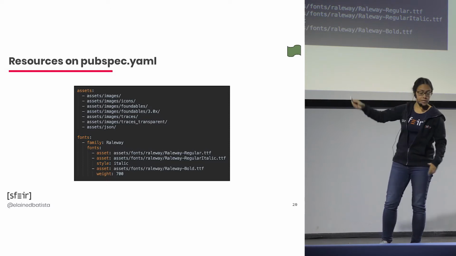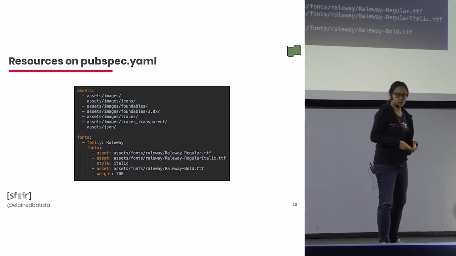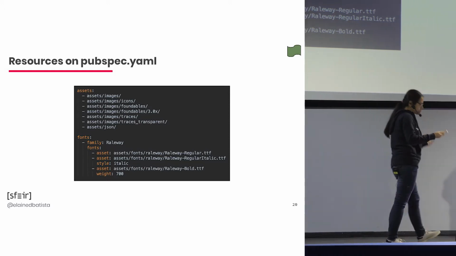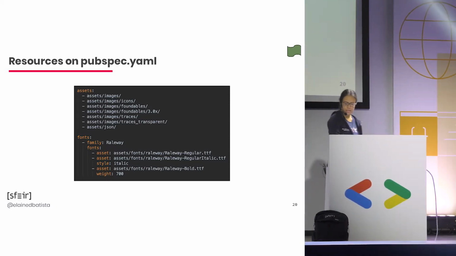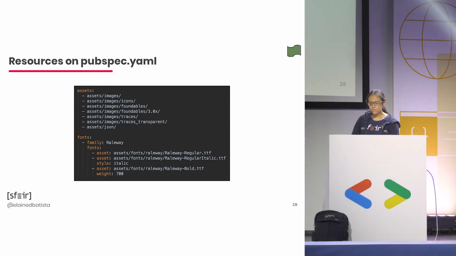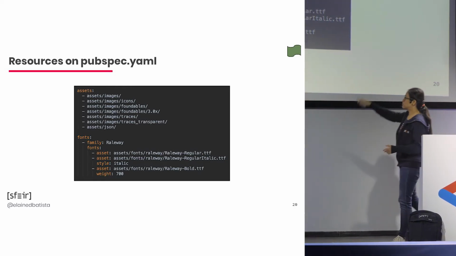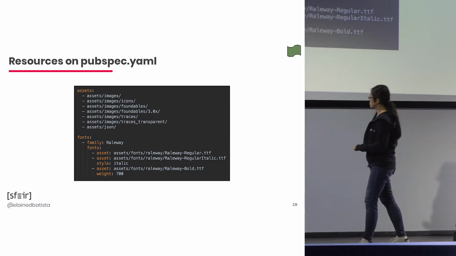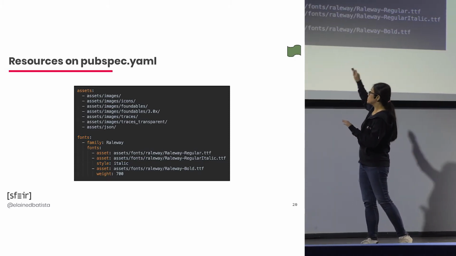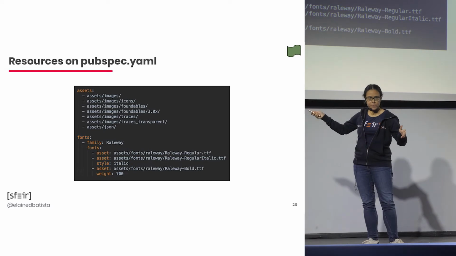For example, assets, images of your app, are pointed out as shown on the screen. You can even handle different sizes for bigger phones, so you can have more detailed images. This is how you reference them, and here you can see how you reference fonts. So images and fonts are handled in the pubspec.yaml file.